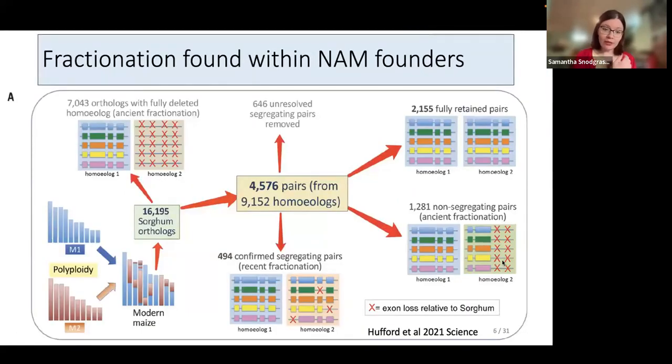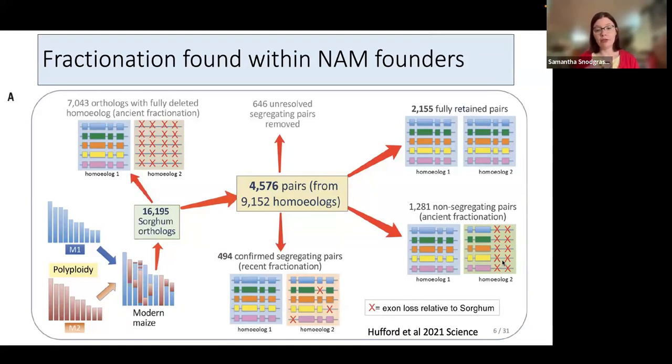So as part of the NAM study, Dr. Woodhouse looked at fractionation within the NAM and aligned all of those NAM founder lines to sorghum and found that of those 16,000 sorghum orthologs that she aligned to, about half of them were completely lost, where you could only find one of the homologs.